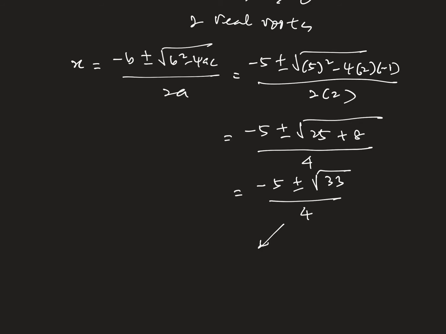One is negative 5 plus the square root of 33 over 4, and the other is negative 5 minus the square root of 33 over 4. So it is confirmed it has two real roots.